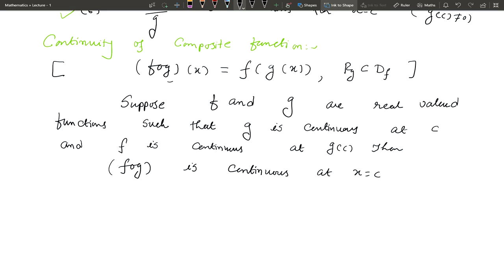This is the rule, or you can consider it as the definition of continuity of composite function.